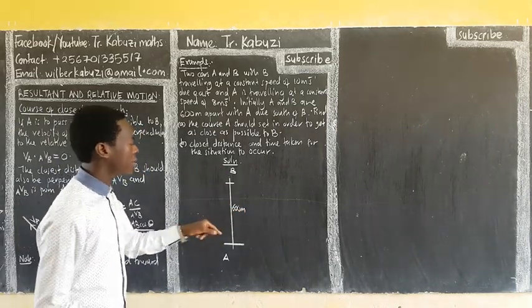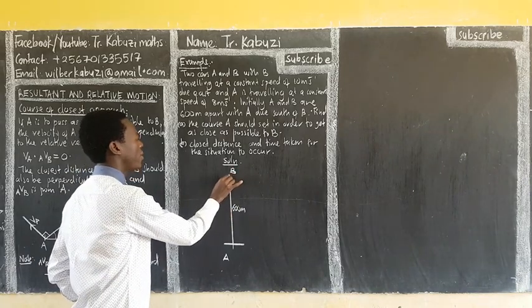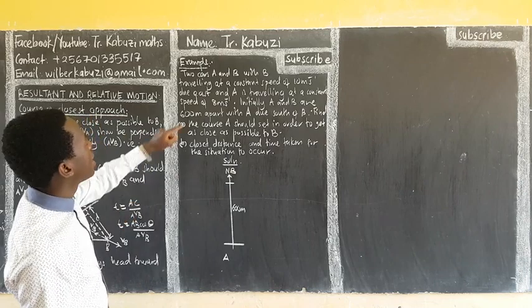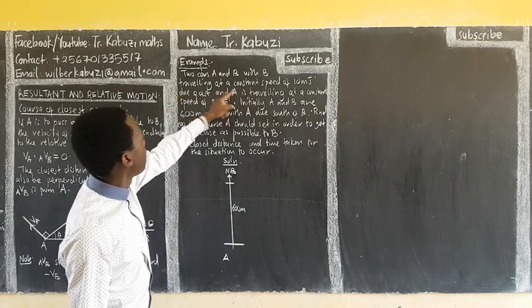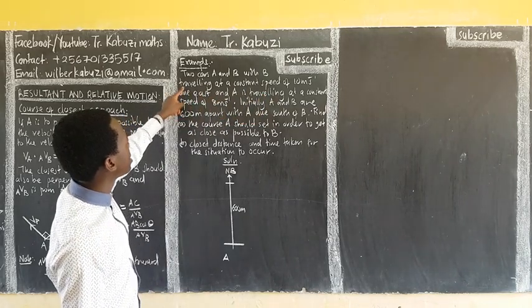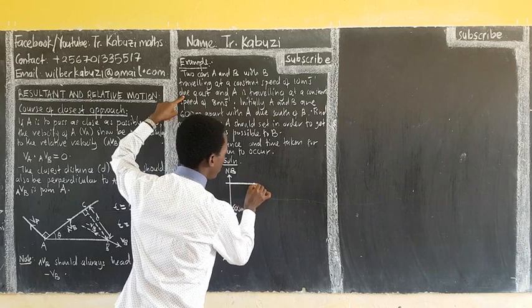This is the due south, if this is our north. They're telling us that B is traveling at a constant speed of 10 meters per second due east.